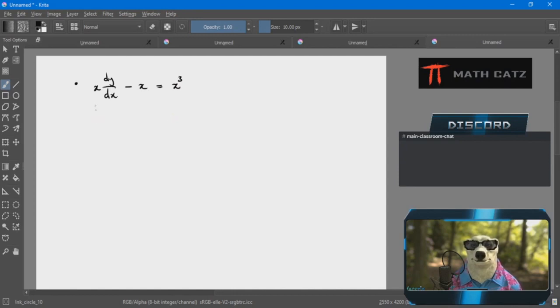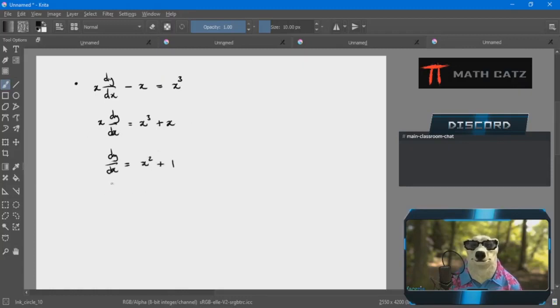If I isolate dy dx, it's going to be much better. So let's isolate the dy dx term to get x cubed plus x, and then we divide throughout by x to get dy dx equal to x squared plus 1. Of course, I have to divide throughout.